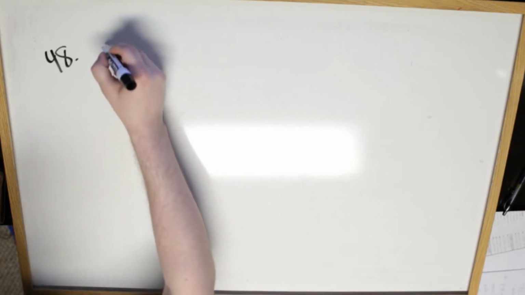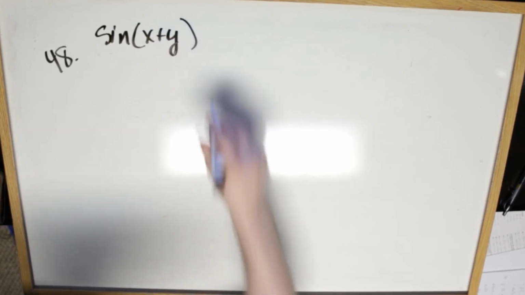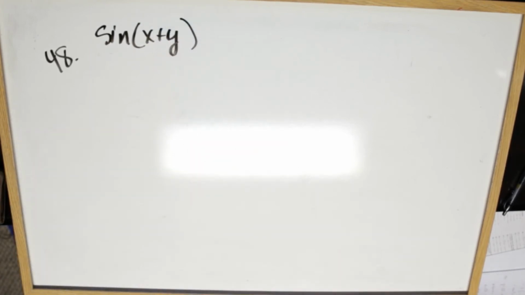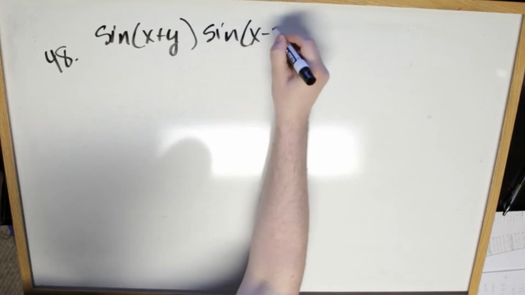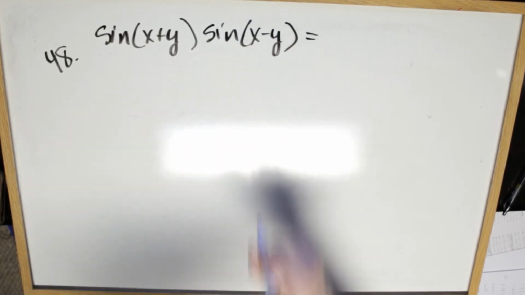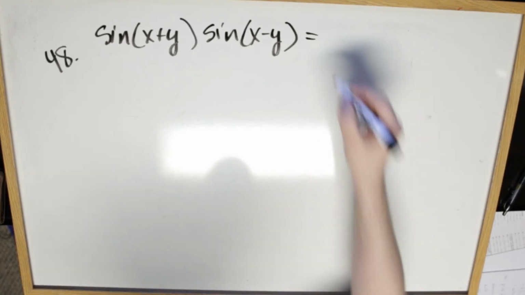So question 48. This one is, again, another identity question. It's just verifying the identity. So we've got sine of x plus y times sine of x minus y is equal to sine squared x minus sine squared y.